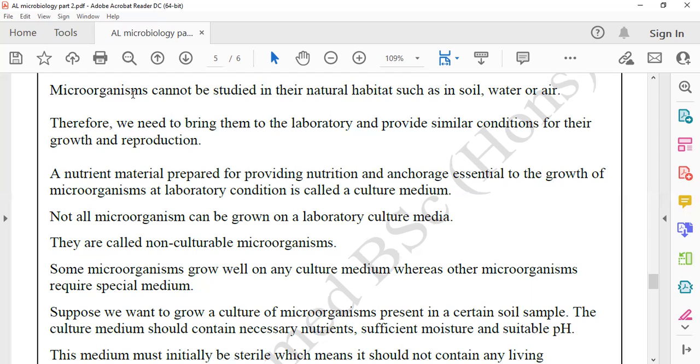Because virus is an obligate parasite, so it cannot be grown in a culture medium. If you give a live culture, it will grow.